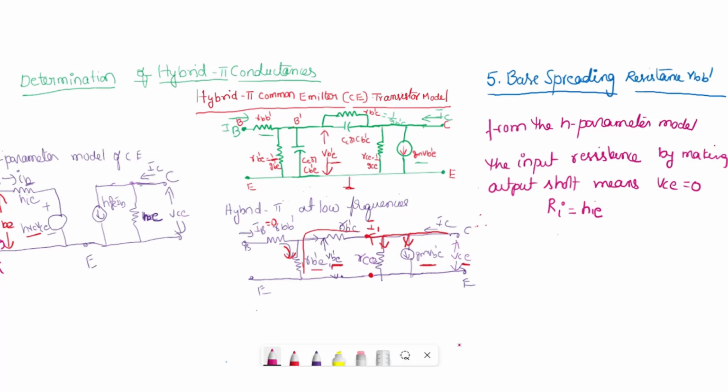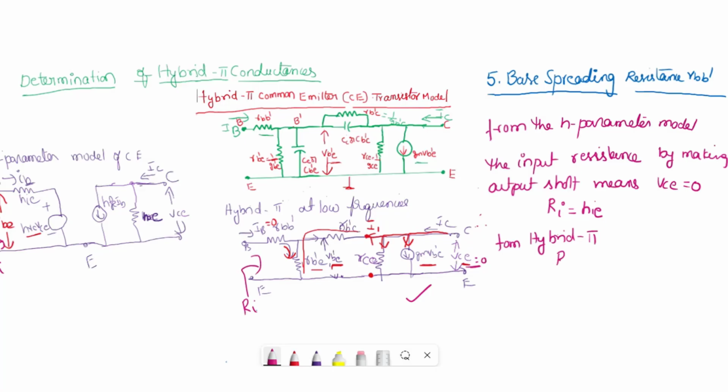The same way, from the hybrid pi model at low frequencies, when you make VC equal to 0, what is the input resistance?